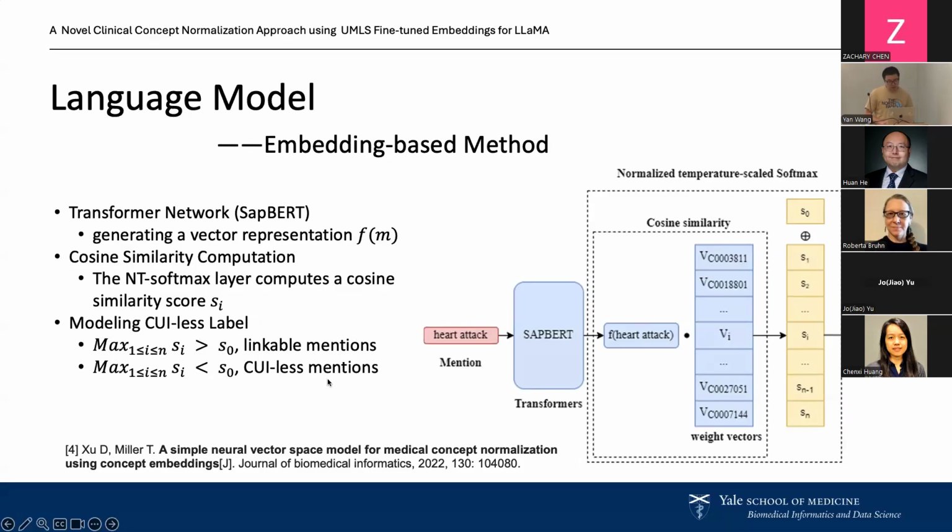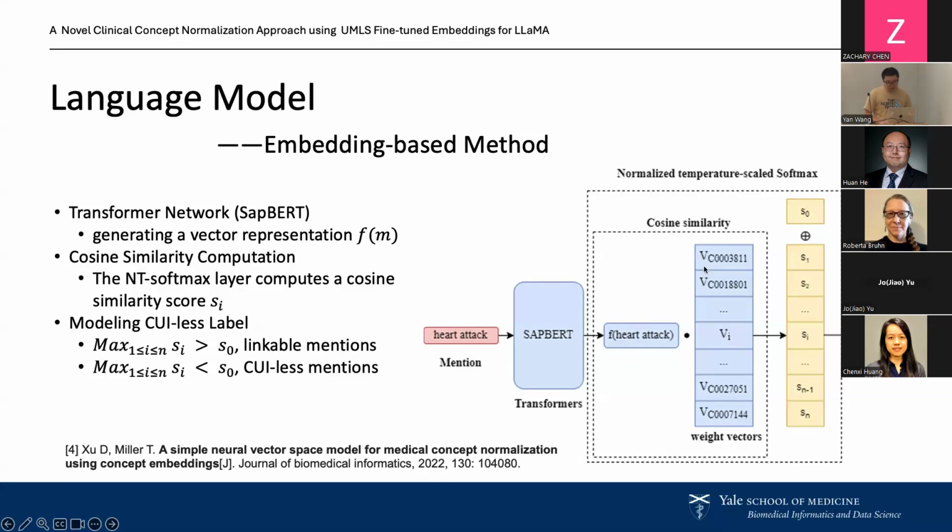In the paper shown here, the authors first gave the entity mention "heart attack" as an input to the transformer network, here a BERT model, to generate a vector representation.